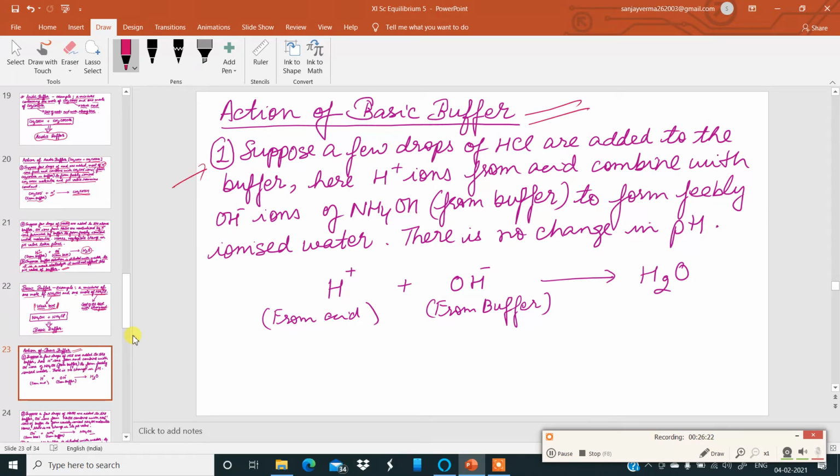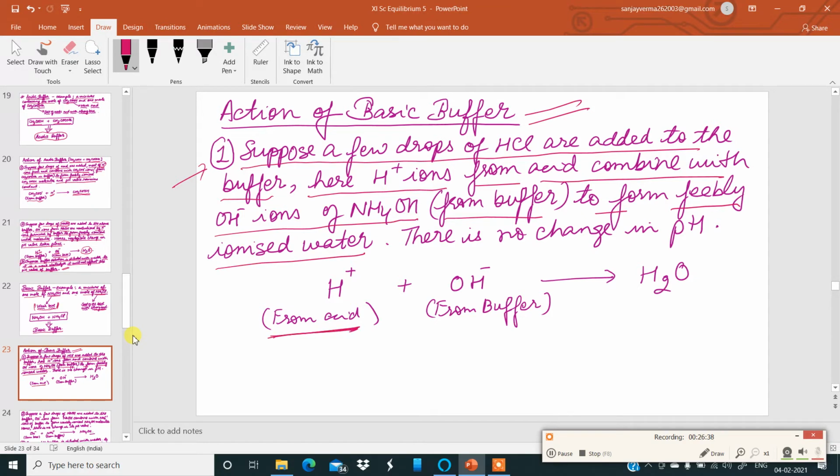Case 1. Suppose a few drops of HCl are added to the buffer. Here H plus ions from the acid combine with hydroxyl ions of ammonium hydroxide from the buffer to form feebly ionized water. So we are adding acid, no? So acid is giving H plus. This combines with the hydroxyl ions from the buffer.